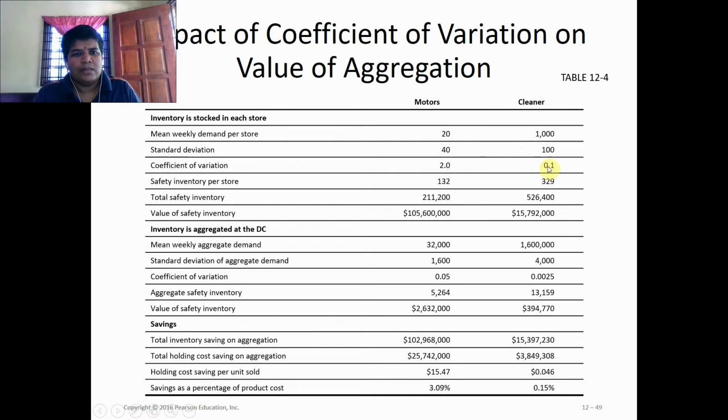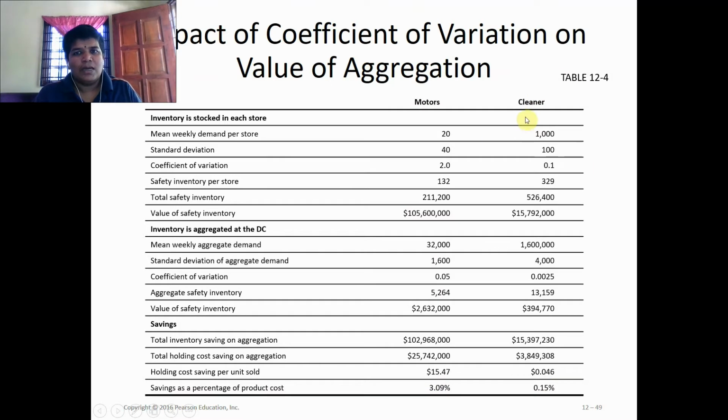So this figure will give you some numbers, and these numbers all have values. Saving per percentage of product cost: 3.9 percent, 3.09 percent, here 0.15 percent. Again, this is a fast moving product.